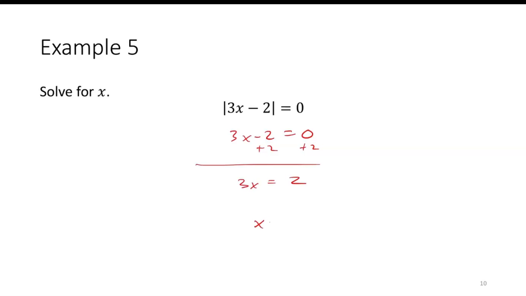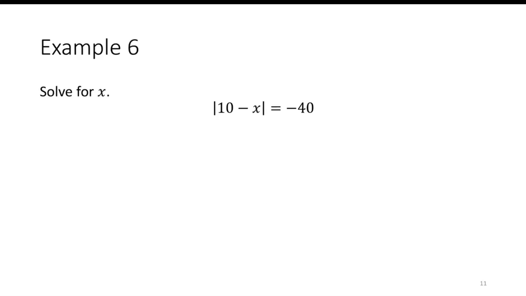And then if I divide by 3, I'll have x equal to 2/3. If I have the absolute value of 10 minus x equal to negative 40, that's going to be no solution because the left-hand side is positive and the right-hand side is negative. There's no value that can make that happen. So no solution.